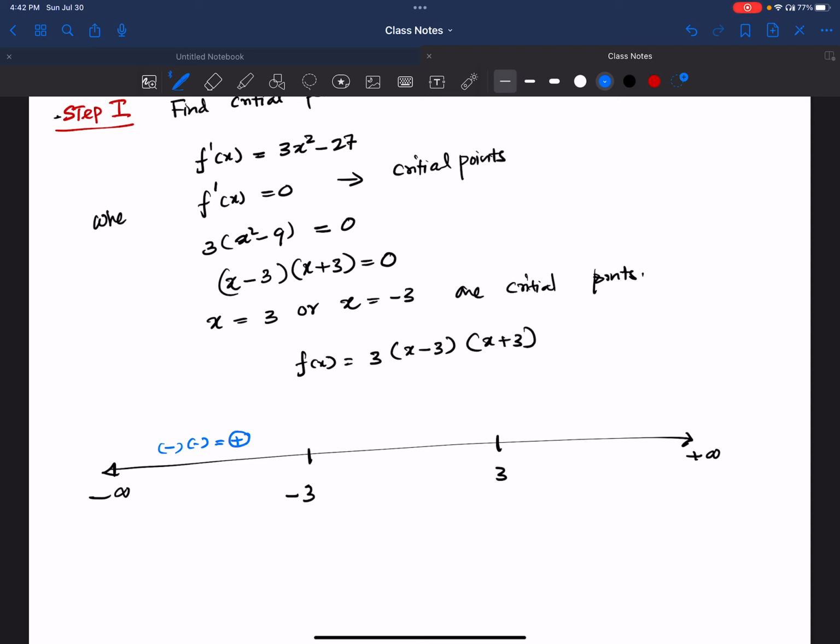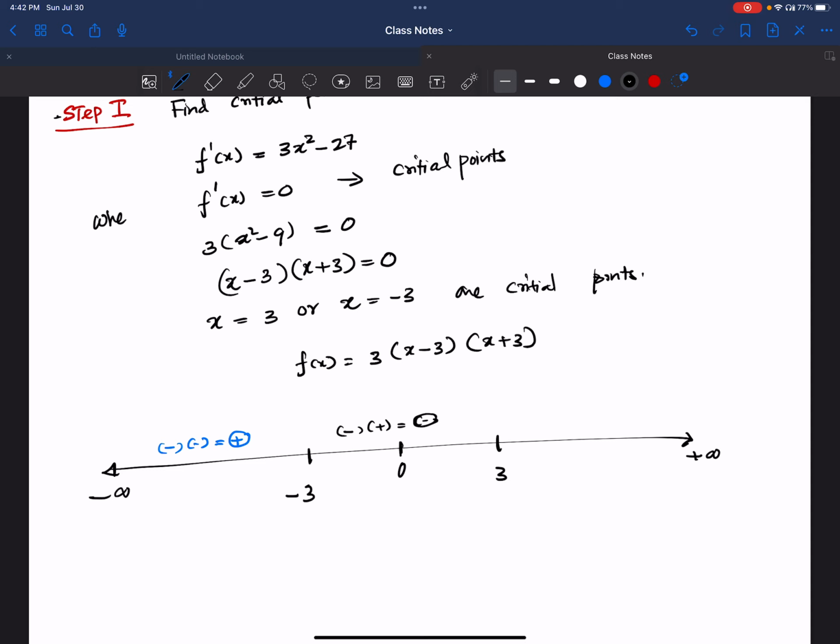So if you put any value in between negative 3 and positive 3, let's put 0. I put 0 because that's the easiest value to substitute. When you put 0, this is negative, this is positive, and then it's negative, because you have a negative value times a positive value, which is negative.